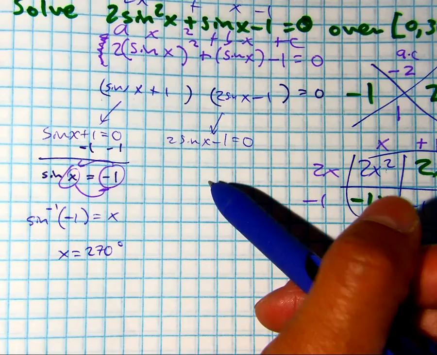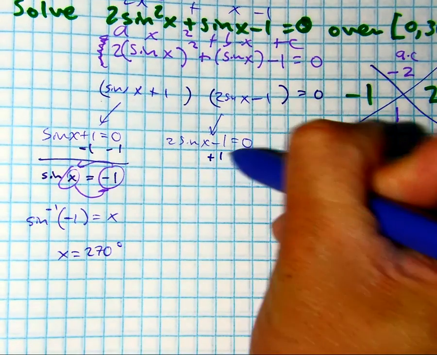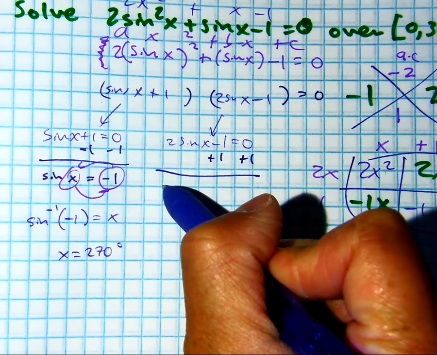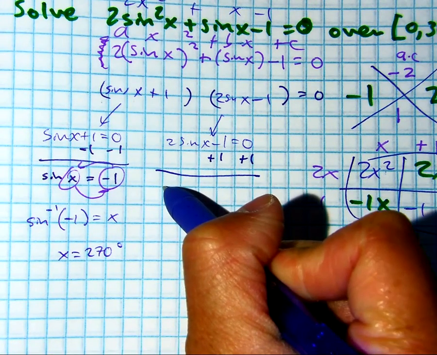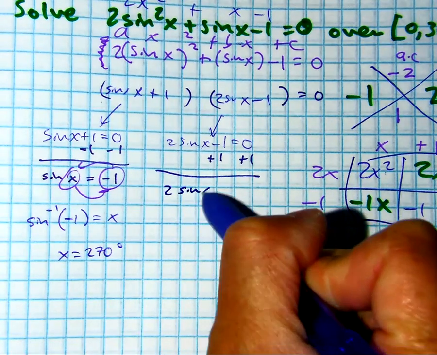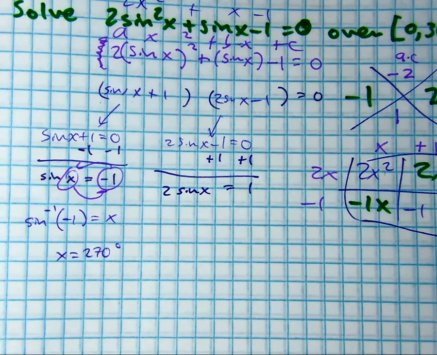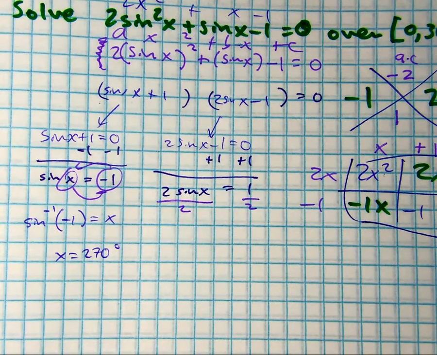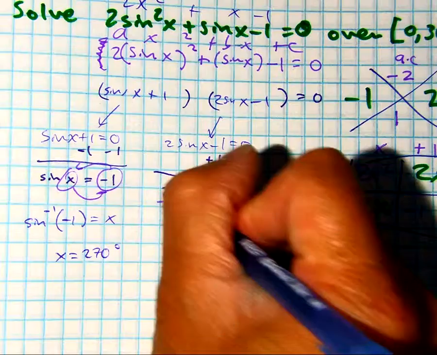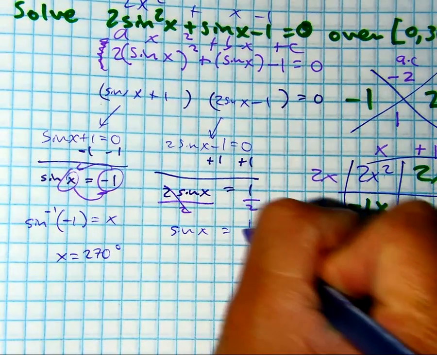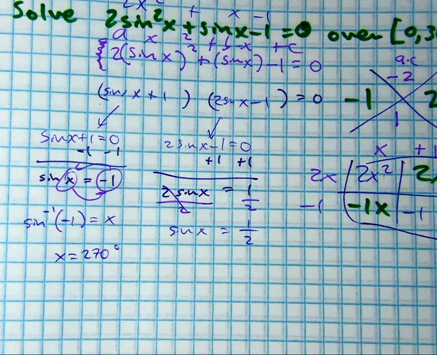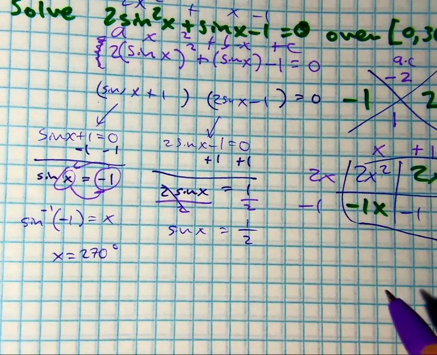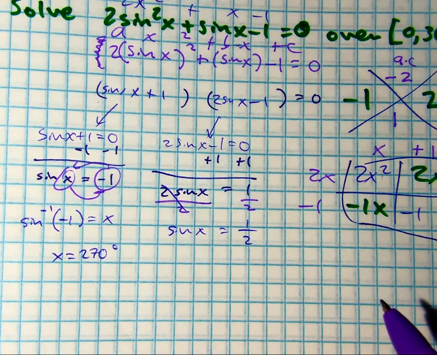So you add the 1 to both sides. Keep going. 2 sine x equals 1, divide by 2. So it's sine x equals 1/2. How do you get x by itself?